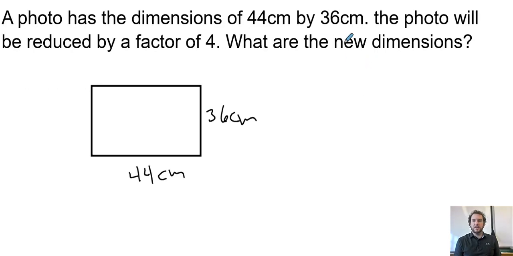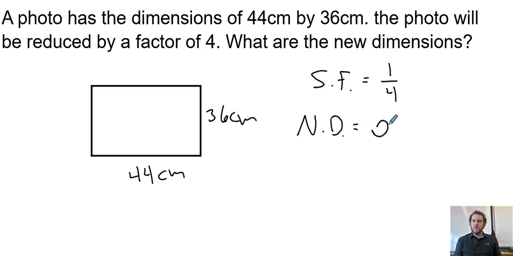So let's take a look at this question. It's saying that it will be reduced by a factor of 4. Well, 4 is not less than 1. So what that means is my scale factor here is actually 1 over 4. So to find my new dimensions, my new side lengths, we're going to take my old dimensions and multiply them by our scale factor.